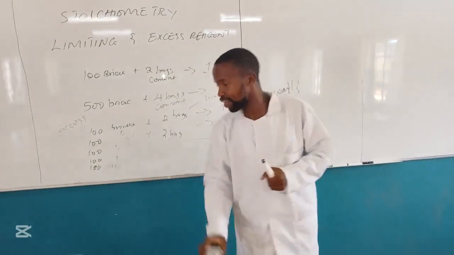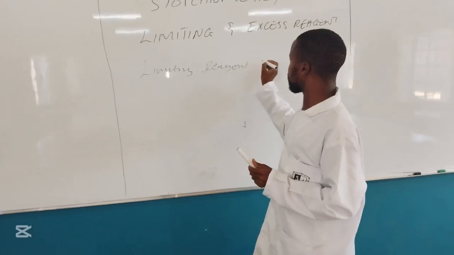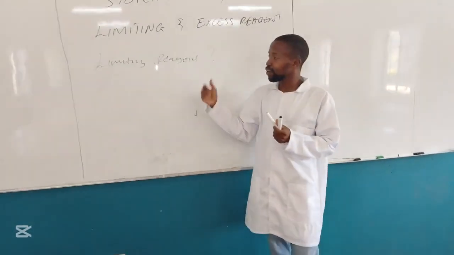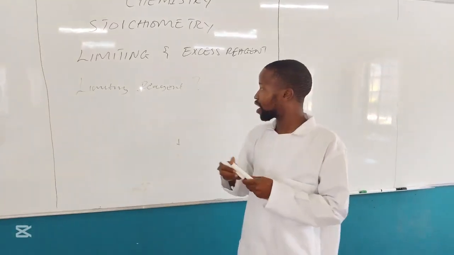So now let's define what limiting and excess reagent are. When we talk about a limiting reagent, we're simply talking about a reactant that is completely used up in a chemical reaction.